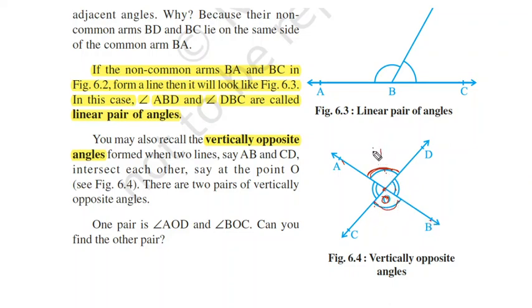Angle 1 and angle 2 are vertically opposite angles. Similarly, angle 3 and angle 4 are vertically opposite angles.